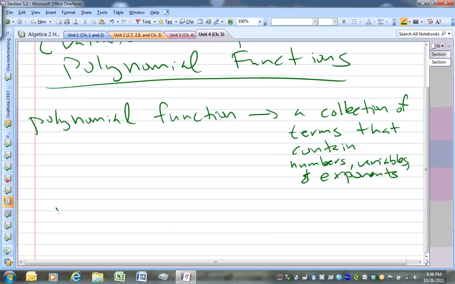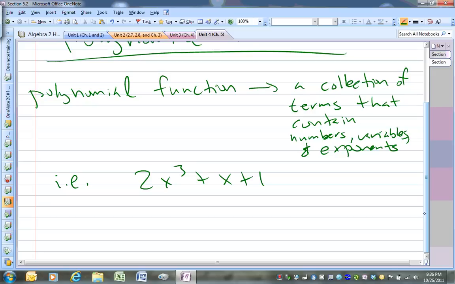For example, 2x cubed plus x plus 1, that's a polynomial. You have three terms.